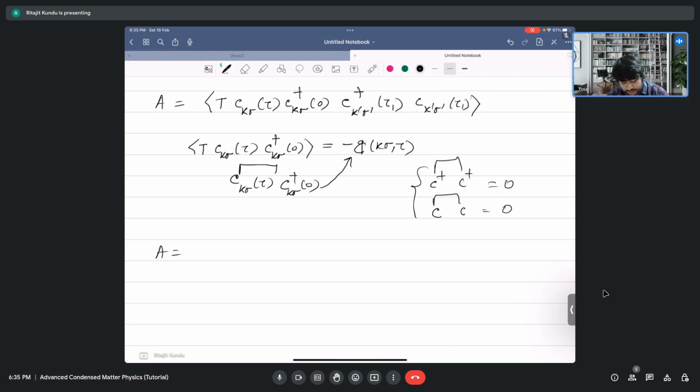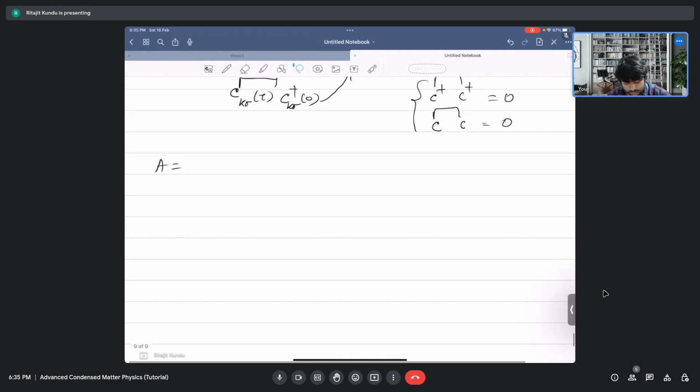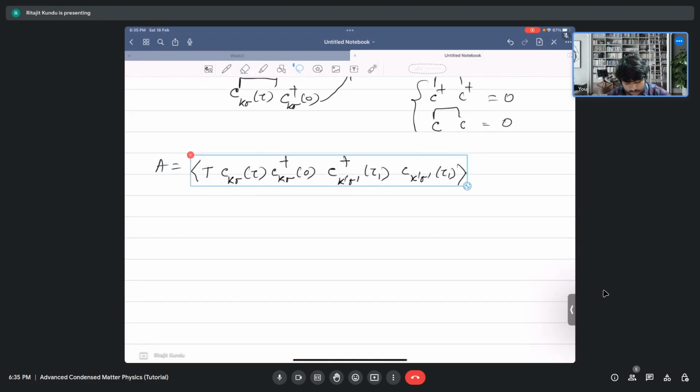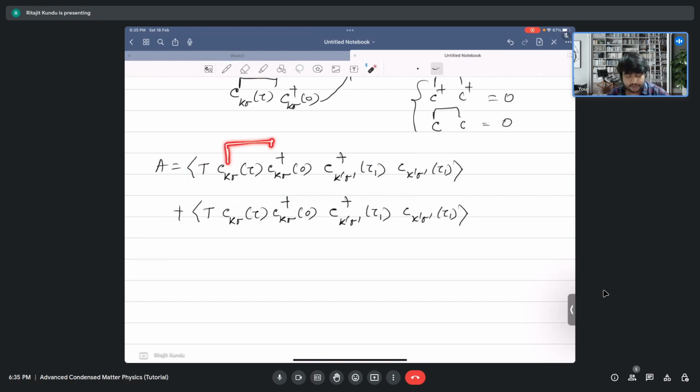Let me just copy this expression. Let me make another copy. What are the possible contractions that we can have? We can have a contraction between this and this. I said that we have to contract dagger with undagger ones. We can also do a contraction between this and this, right?